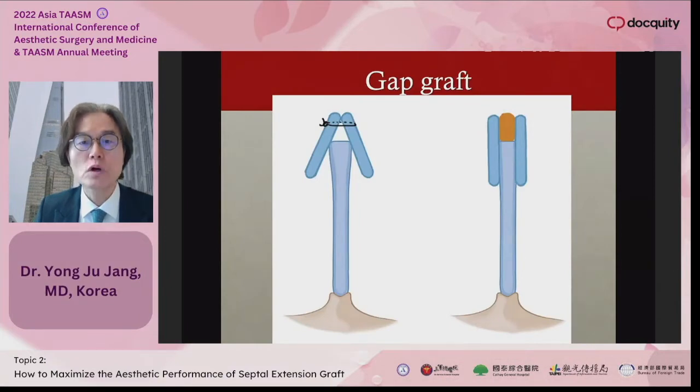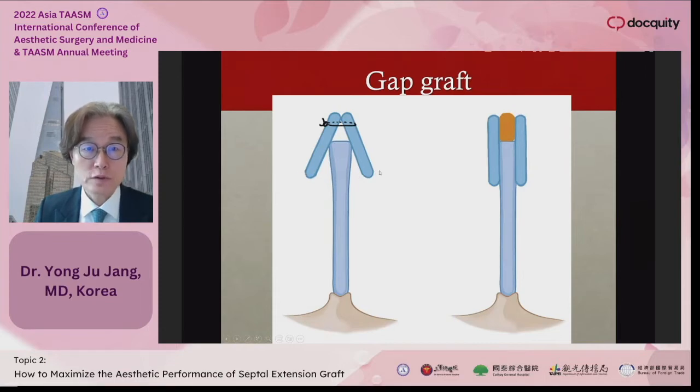If you want to dorsally extend the cartilaginous septum, if you just extend the spreader graft dorsally, sometimes if you just suture it, it just medializes, and you should support it in order not to let the lower part diverge too much.